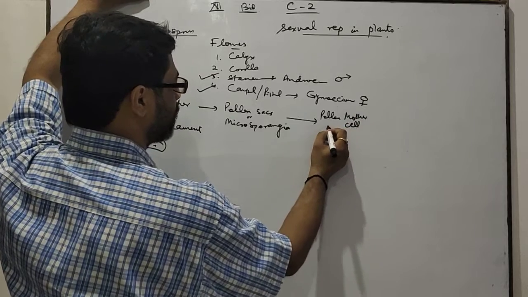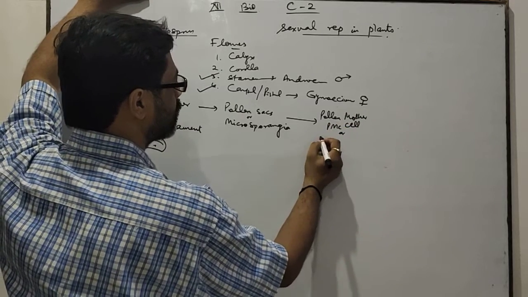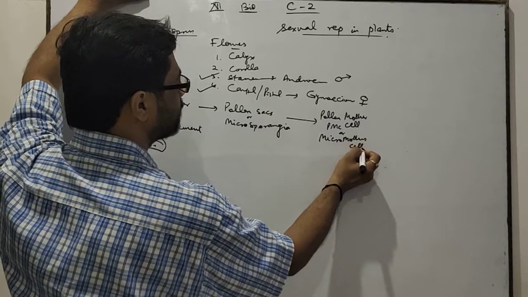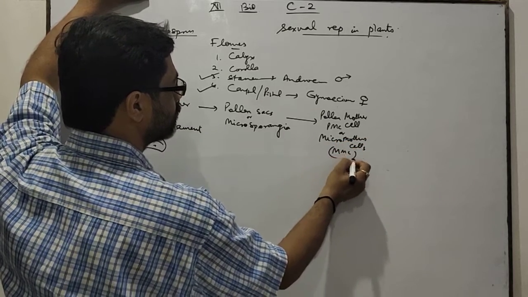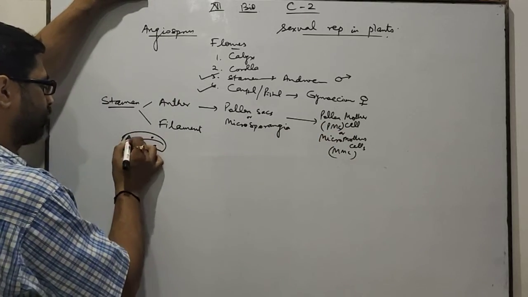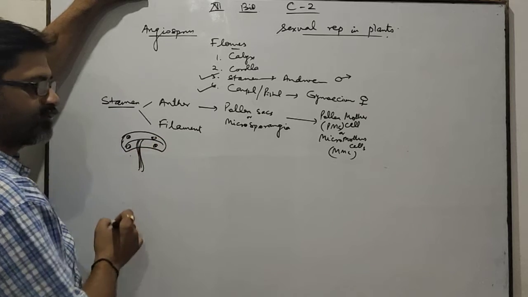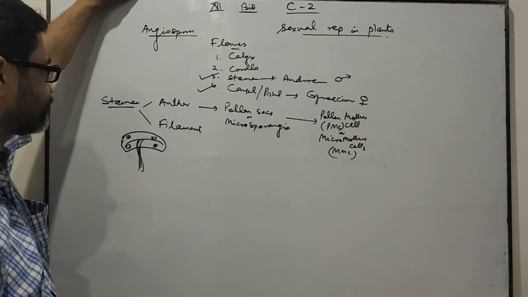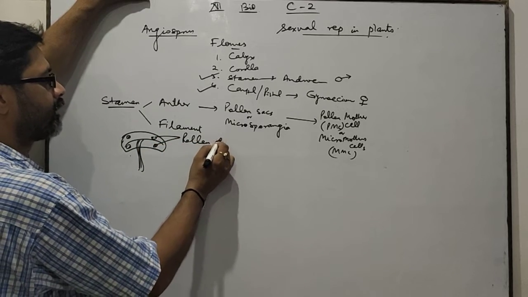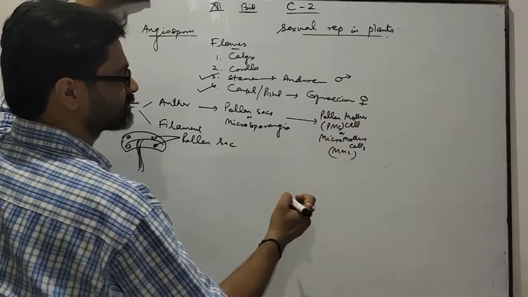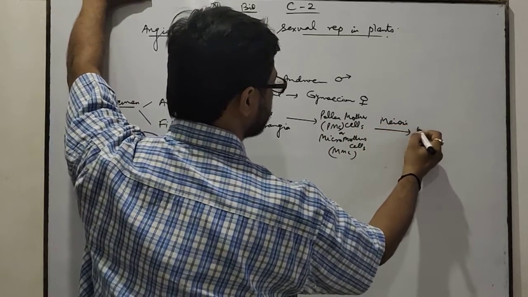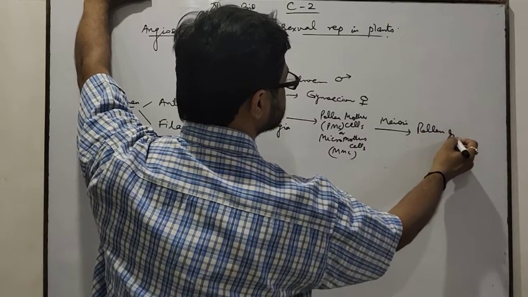A large number of pollen mother cells, PMCs, or you can say microspore mother cells, are present within pollen sacs. There are four pollen sacs in the form of four chambers, and these pollen sacs contain a large number of pollen mother cells which undergo meiosis to form pollen grains.